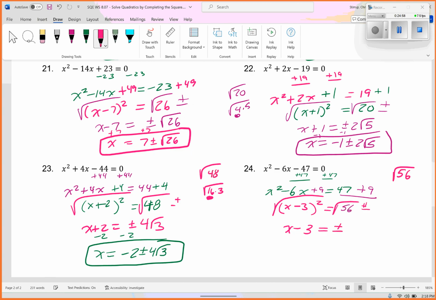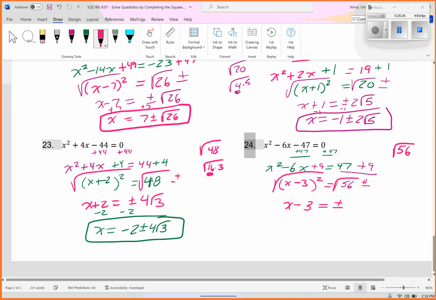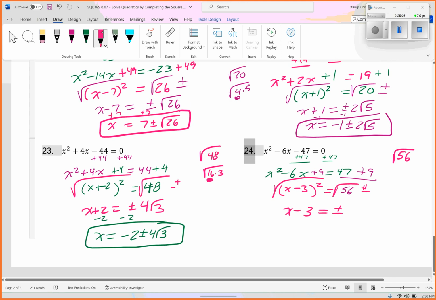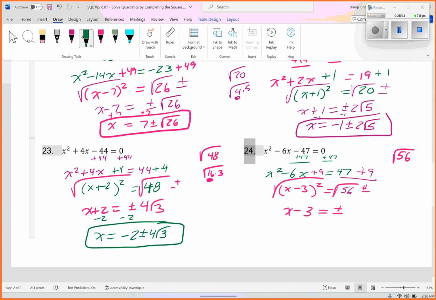Root 56. Root 56. Luma, 56 is which one of those blue numbers times something else? What do you think? Jaden, help her out. Yeah, 56.